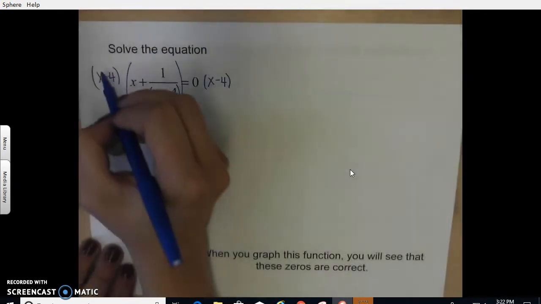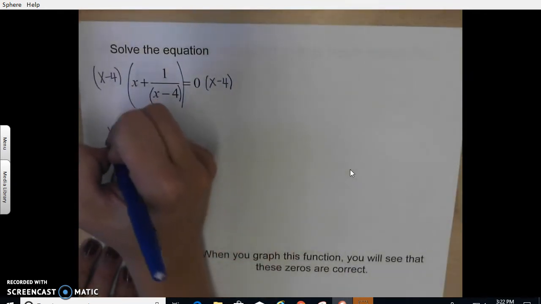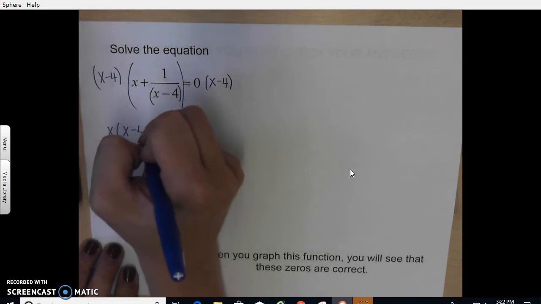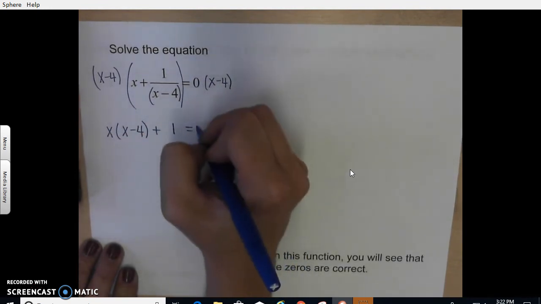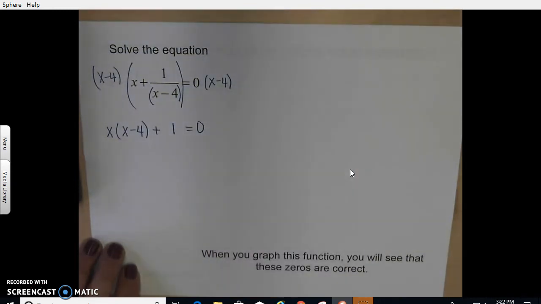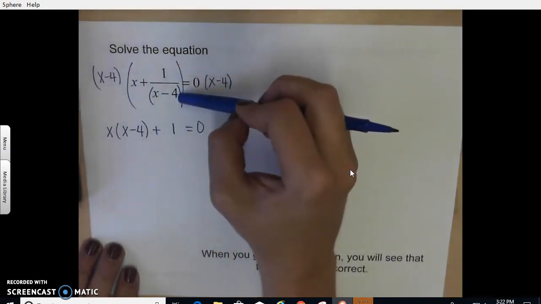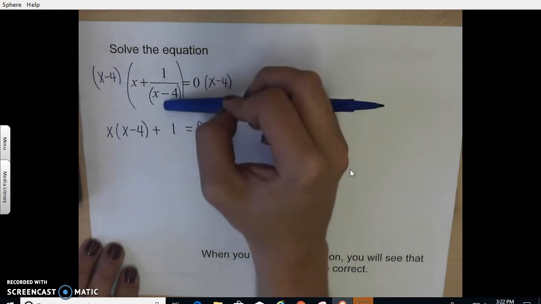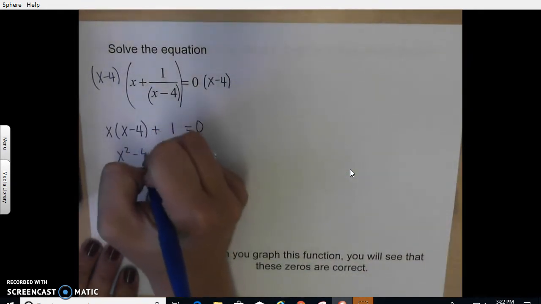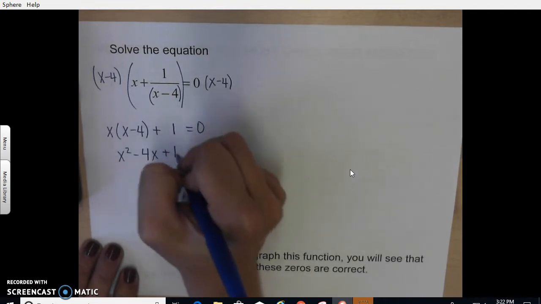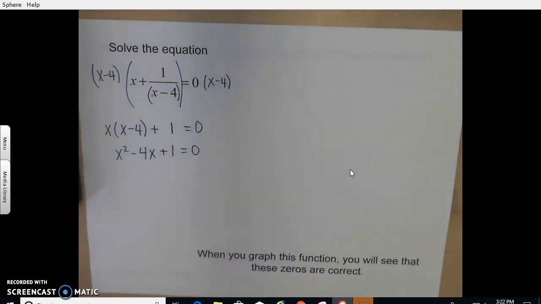And I get x minus 4 times x plus 1 equals 0. The x minus 4 and the x minus 4 cancel when I multiply to here. Distribute: x squared minus 4x plus 1 equals 0.